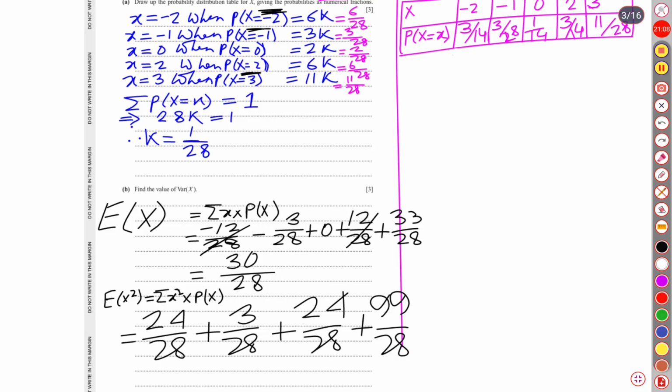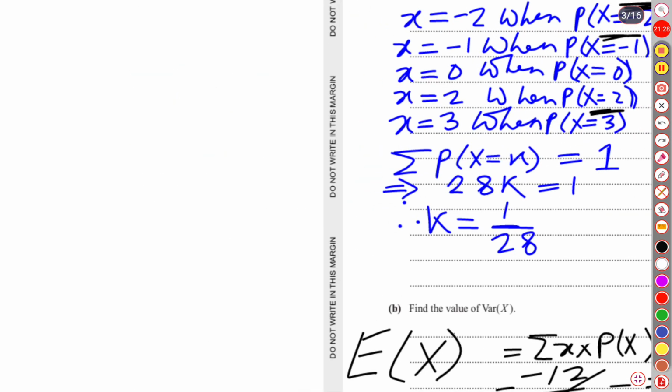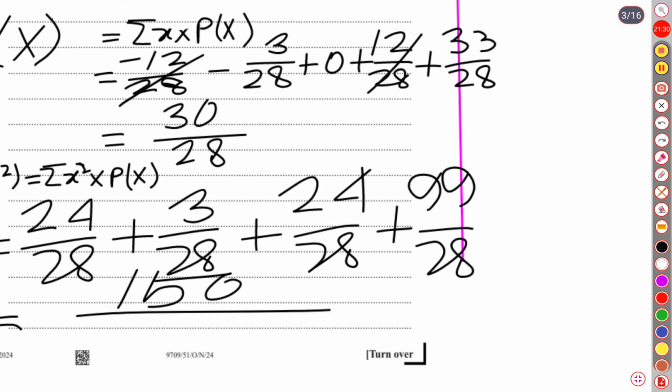So finally, if we add this up, 24 plus 3, that means 27. 27 plus 24, 51. 51 plus 99, so 150. It is nothing but 150 over 28. 150 over 28 is our E of x squared.